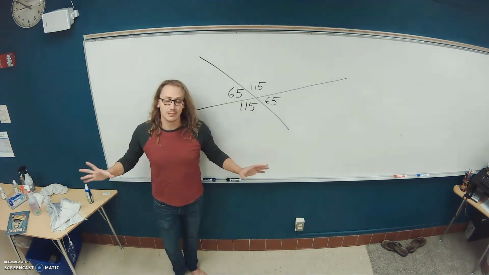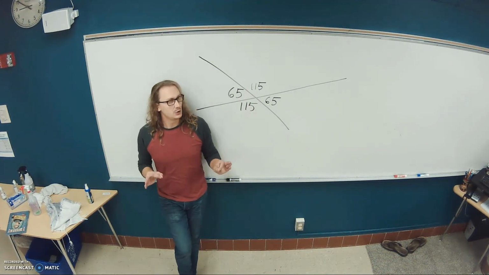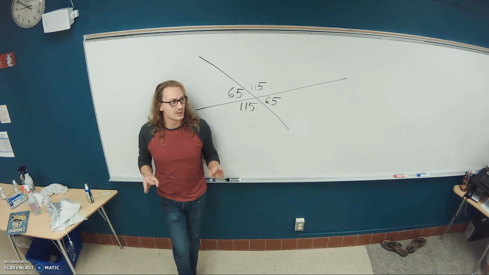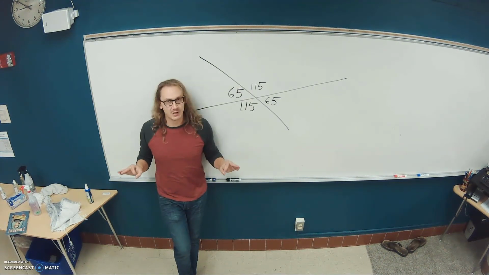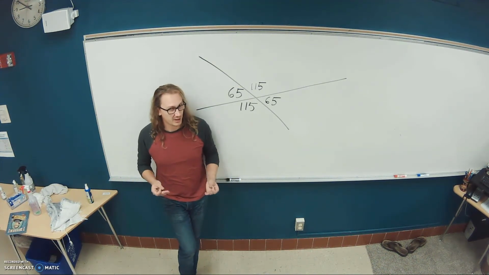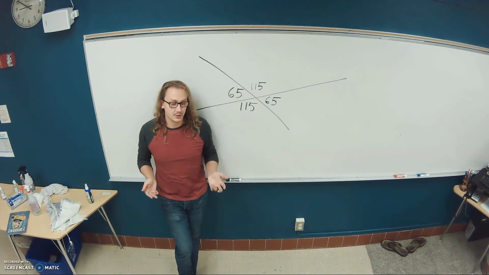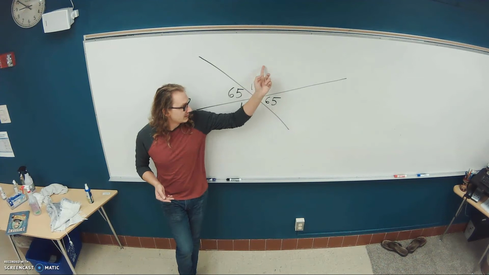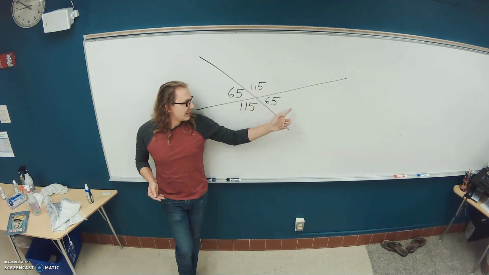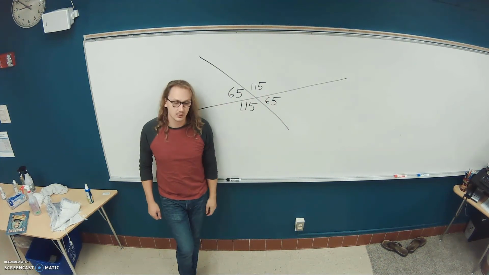There are a lot of problems, a lot of proofs, a lot of things we're going to throw at you, that if you just remember vertical angles are congruent, will be much, much easier. We will actually, in some cases, give you more complicated problems. If you just remember they're congruent, vertical angles, you can work your way around it without some of the new stuff. This is one of the key points in geometry. Opposite angles of intersections, these vertical angles, are going to be congruent.